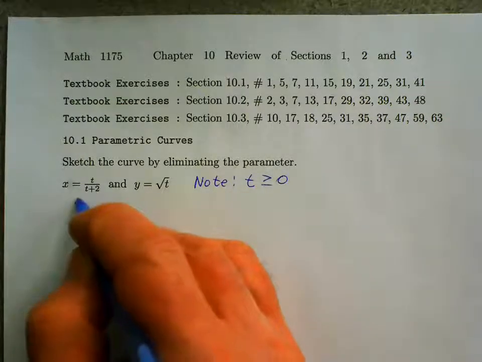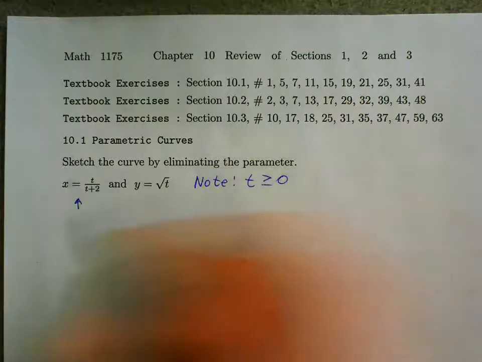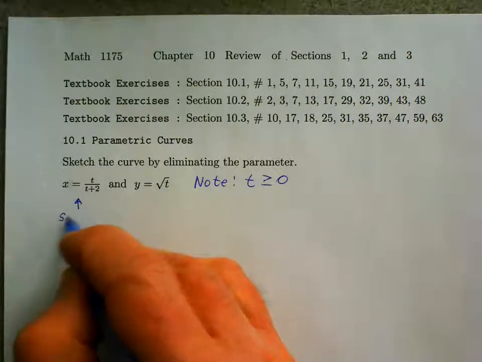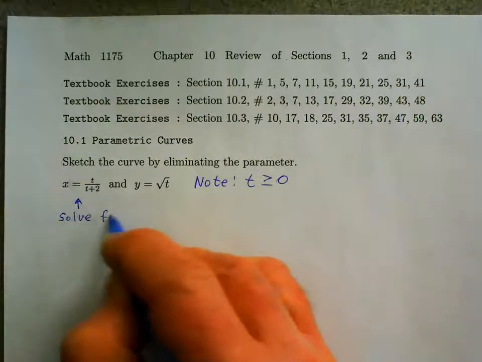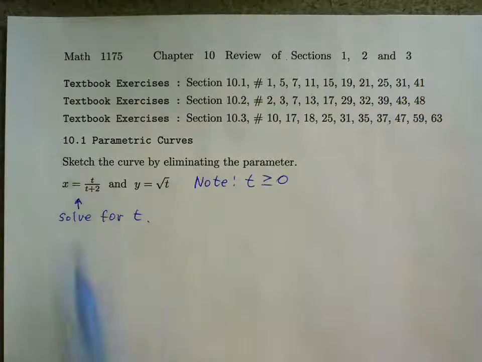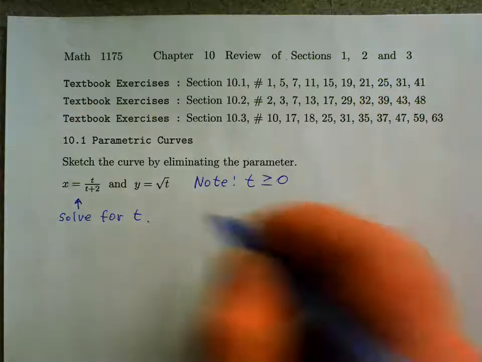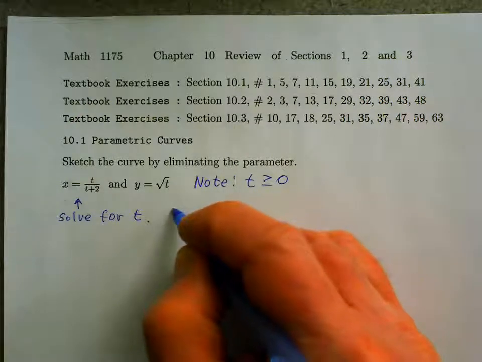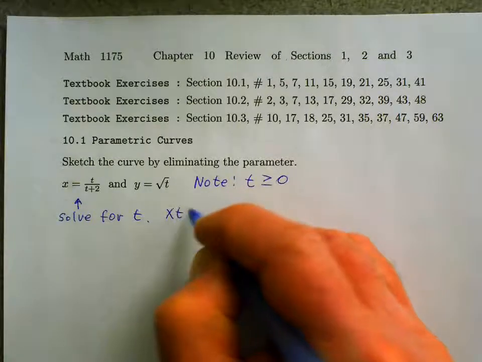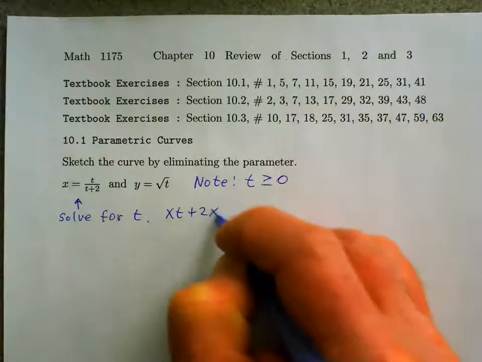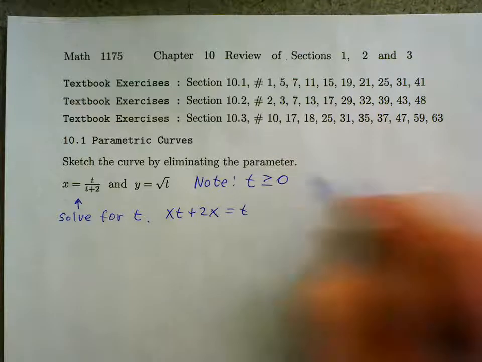And one way to eliminate the parameter is to solve for t. In this equation, x equals t over t plus 2. So if you multiply both sides by t plus 2, we get x times t plus 2x equals t.